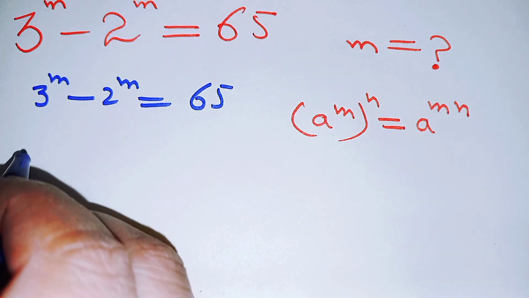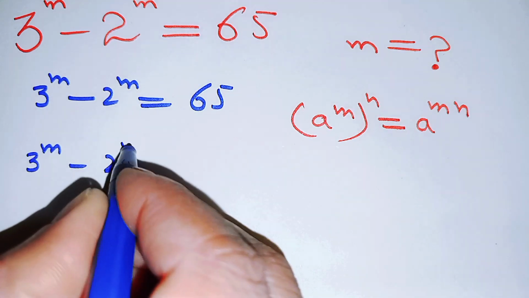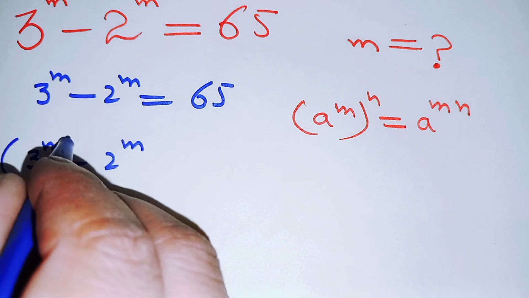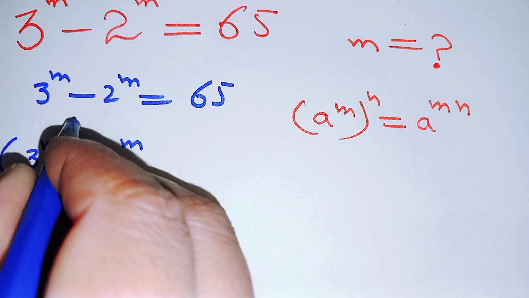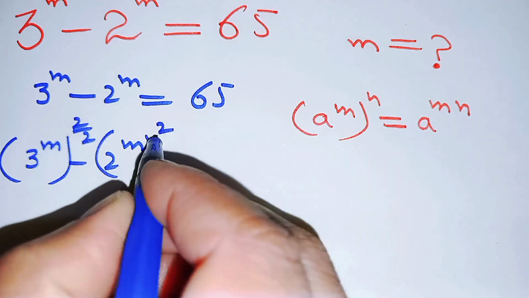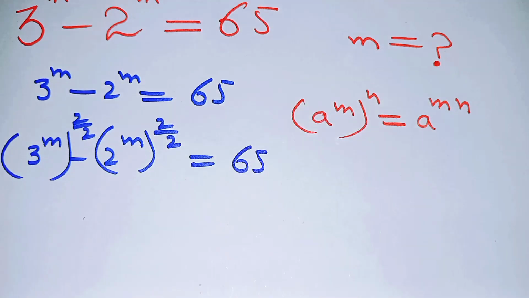Now in 3 to the power of m minus 2 to the power of m, we take an exponent of 2 over 2 on both terms, and this is equal to 65.